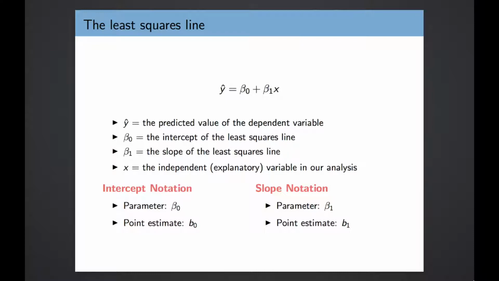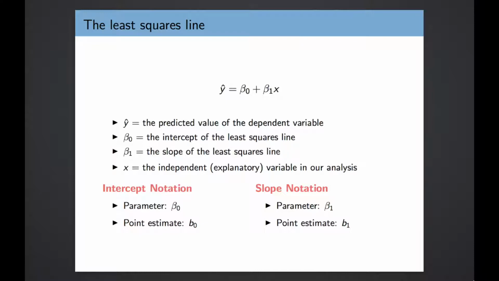So we're going to go through the intercept and the slope in a little bit more detail in just a second. But let's talk about notation really quickly. So we have made sure to distinguish throughout this class between our sample statistics, our sample estimates, and the actual parameter in the population.